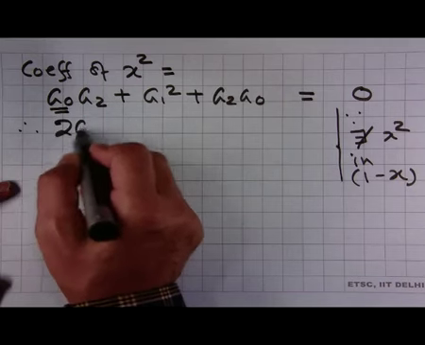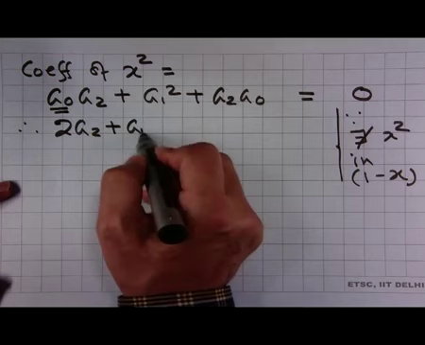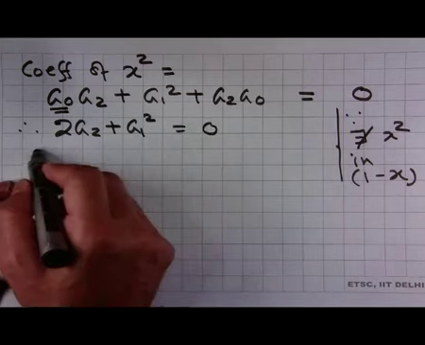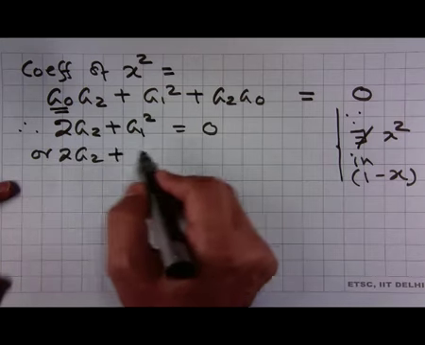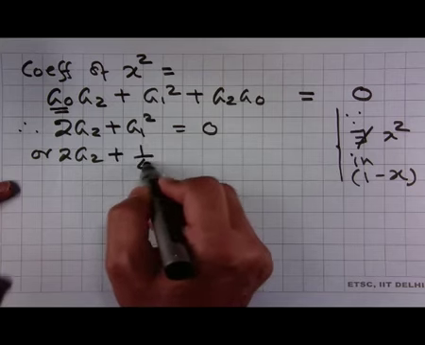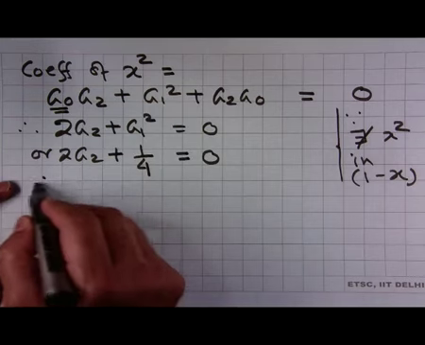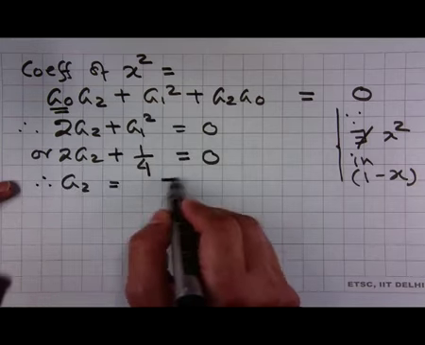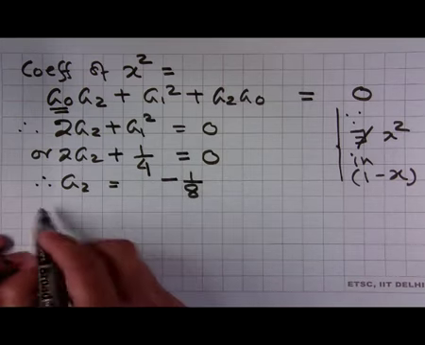Therefore, 2 a2 plus a1 square is equal to 0, and a1 square is equal to 1 by 4. Therefore, a2 is equal to minus 1 by 8.